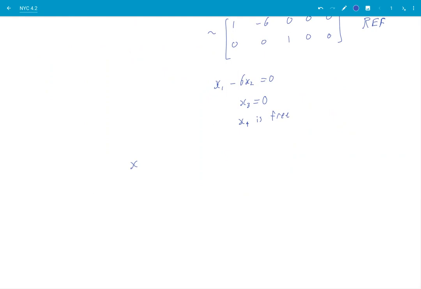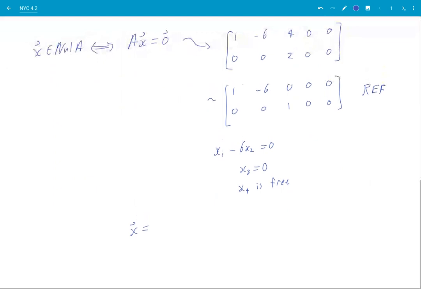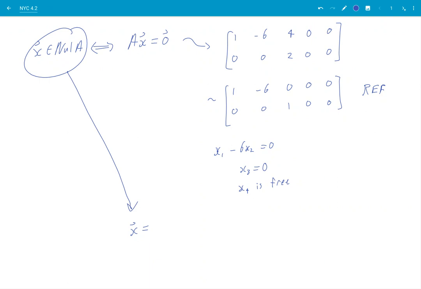So a typical X that is in our null space has 4 entries, X1 through X4. I make my replacements according to my general solution here. Oh, I forgot something.